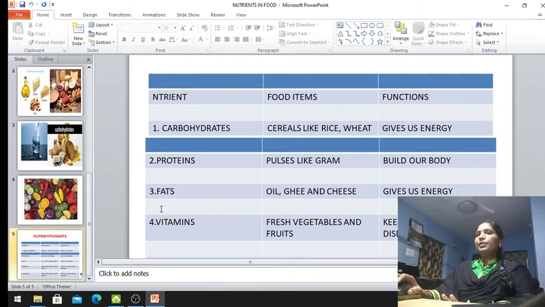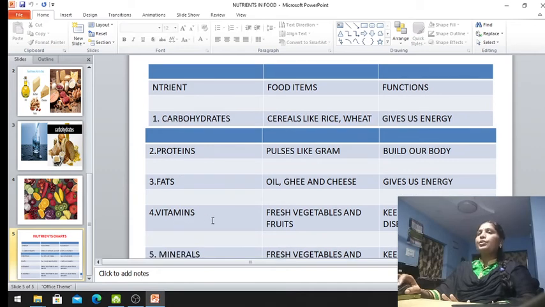And the third nutrient is fat. Fats are present in oil, ghee, and cheese. They are very essential for our body. They give us energy, but they should be in less quantity, otherwise it leads to obesity. And the fourth nutrient is vitamins.